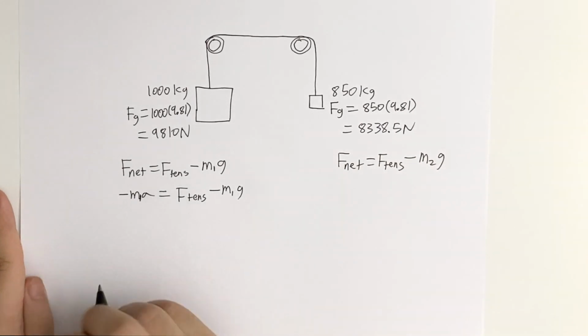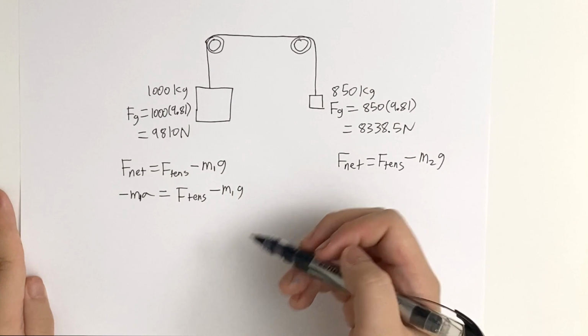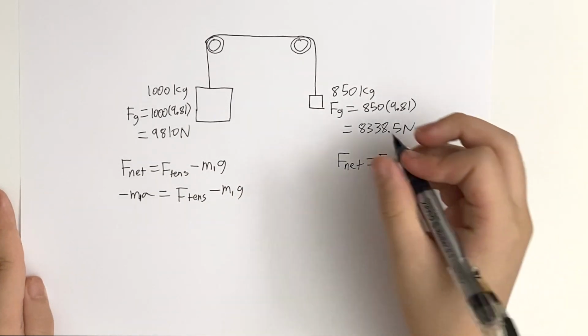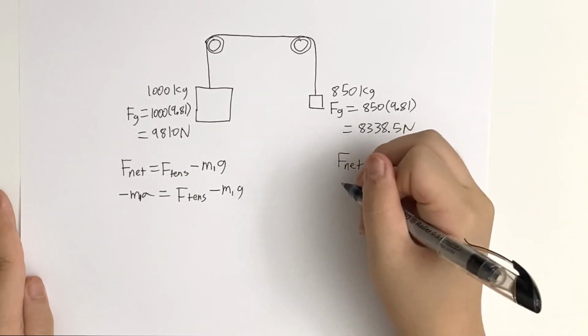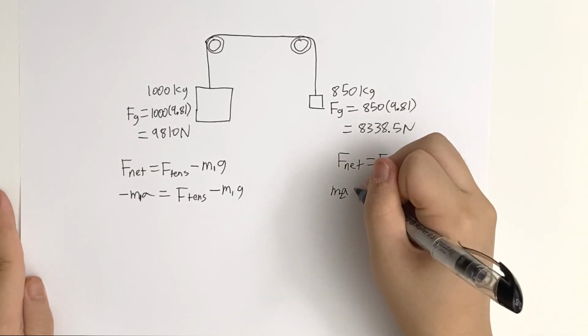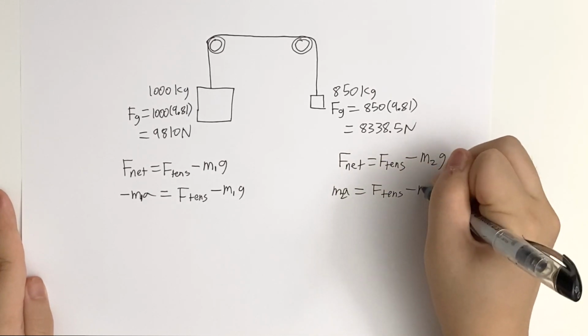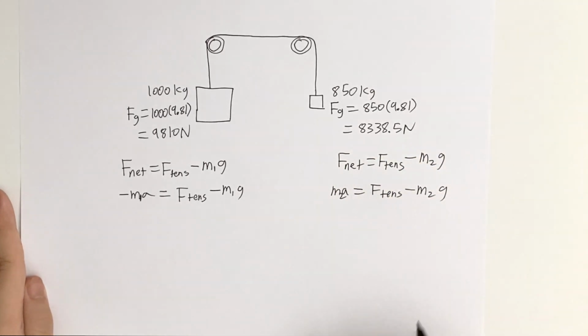Now this ma is negative since the rock will be falling down, so the acceleration will be negative. Now for the second equation, we get that m2a is equal to F tens minus m2g.